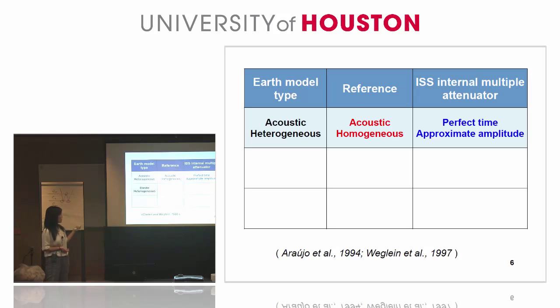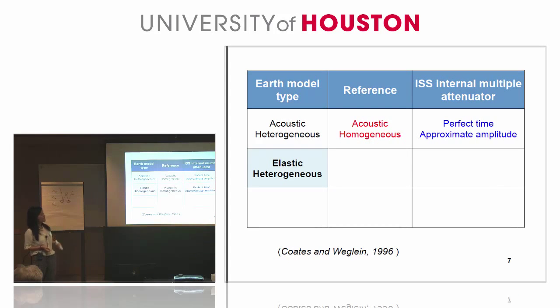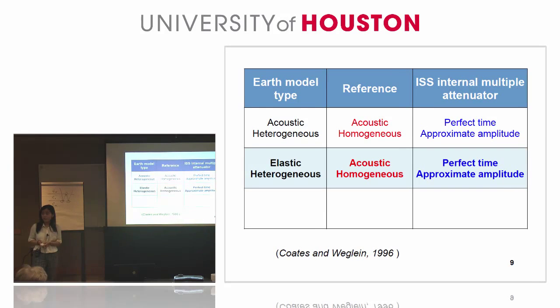And for the elastic heterogeneous work, it's very interesting because based on the work by Coates and Weglein in 1996, they found that even using a homogeneous acoustic reference medium, they can effectively predict the converted internal multiples. That's dramatic because you give a wrong model but have a satisfying output.